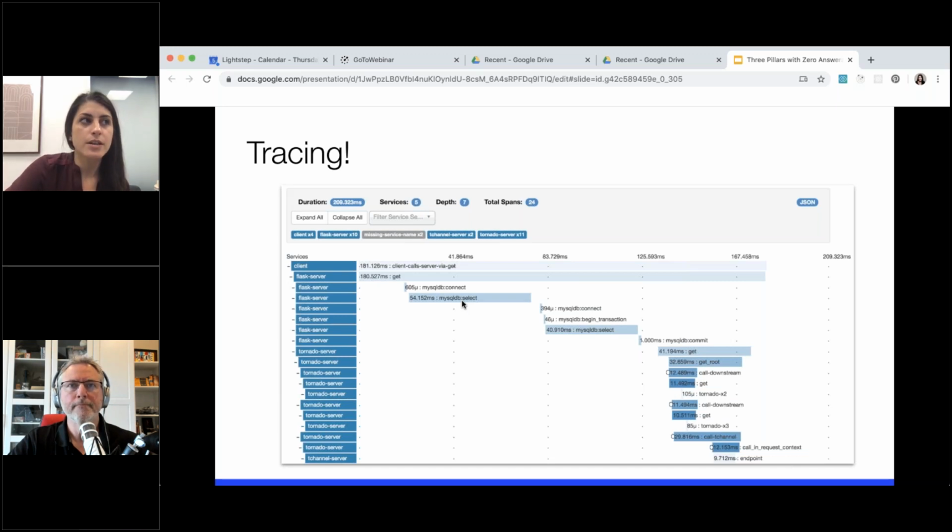Another example is if you're looking to identify what's causing an error in your service, it's much easier to comb through a trace and identify which service is actually originating the error and what the tags and the logs of that particular service are. So errors, I think, are a much faster use case in a lot of cases since they're binary: you're either having an error or you're not.